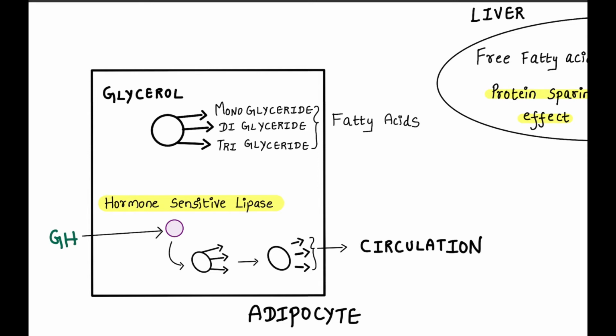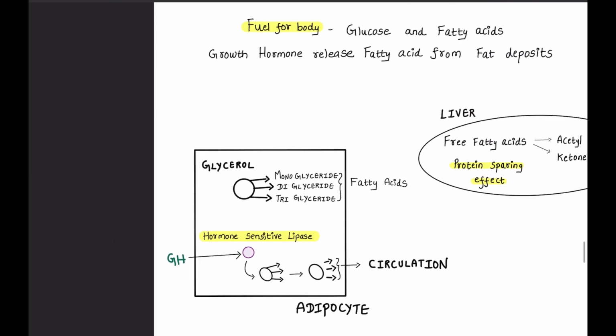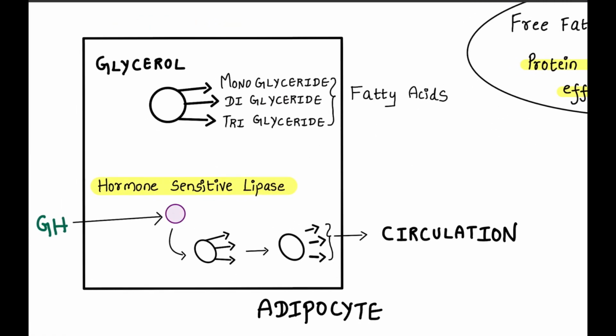So whenever there is increase in growth hormone, this growth hormone will activate an enzyme named hormone sensitive lipase, and this enzyme will act on the glycerol and separate the glycerol and the fatty acids, and these fatty acids will go into the circulation and this glycerol will remain inside the adipocyte. This is how the growth hormone is able to break down lipids through lipolysis.